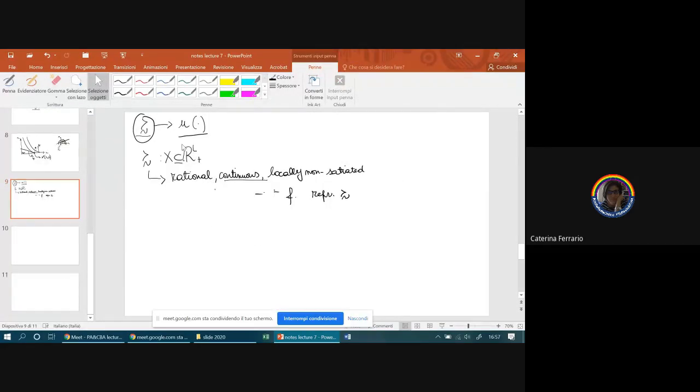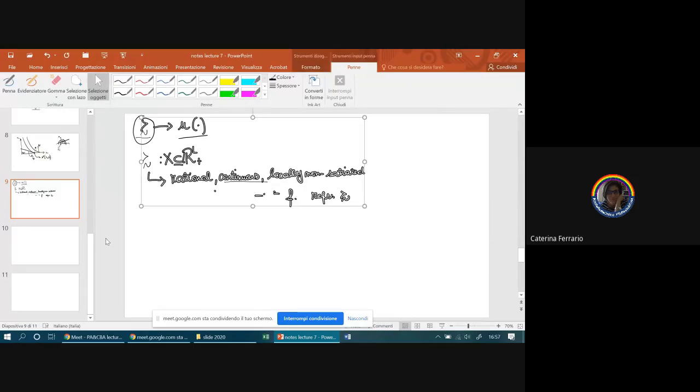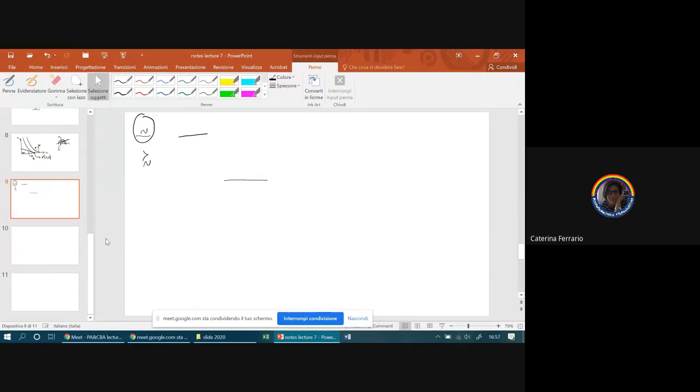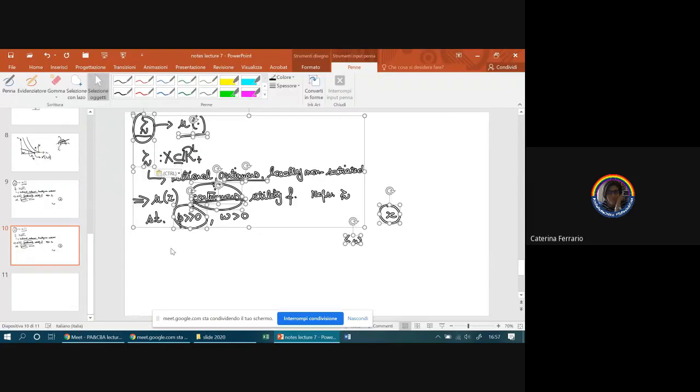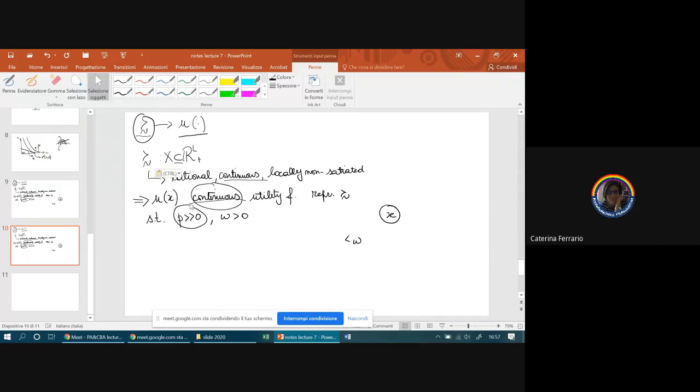And we said that the utility maximization problem is actually a problem where we want to find the maximum utility level. So we want to find the consumption bundle that gives the maximum utility to our consumer.